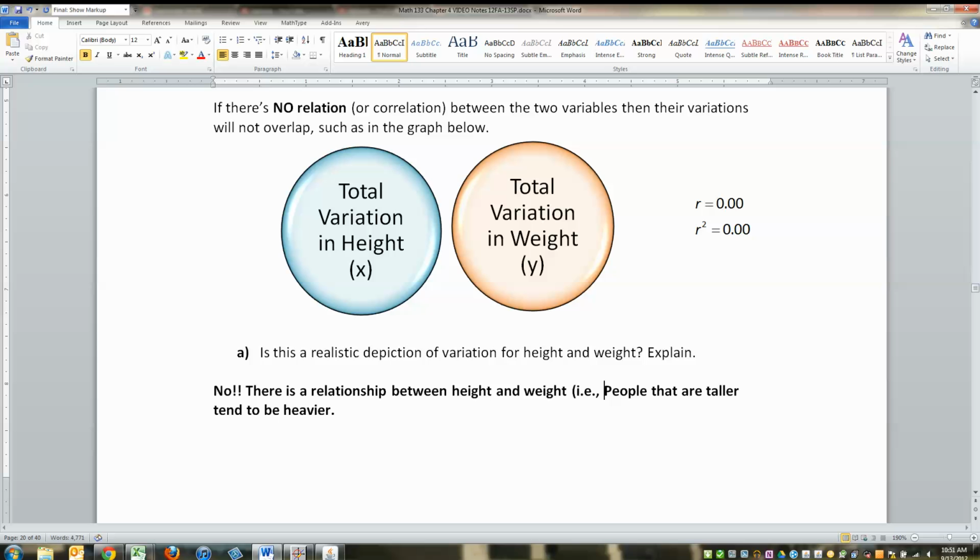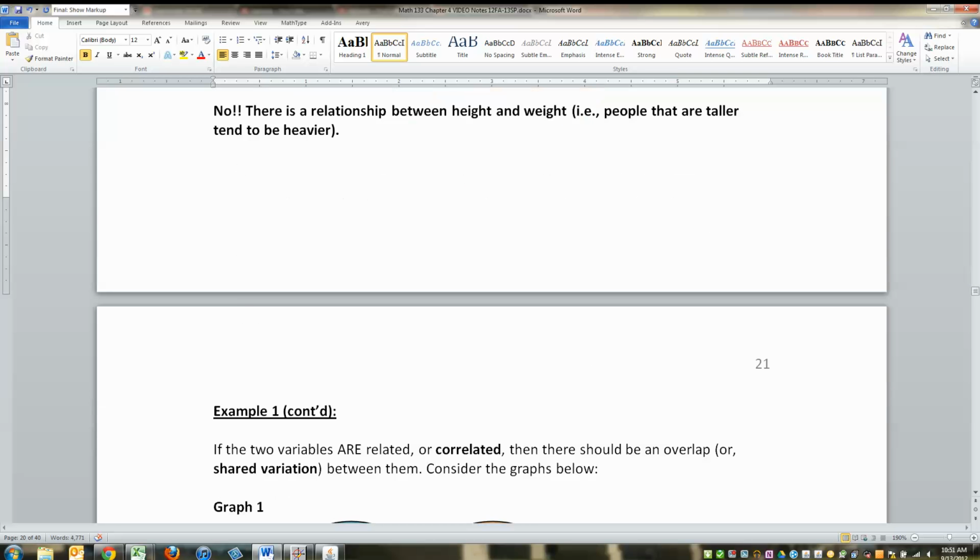People that are shorter tend to be lighter. That's why when you go to the doctor's office, they have a height and weight chart. When you go online to a BMI, body mass index calculator, one of the first things they ask you is your height, because it matters.